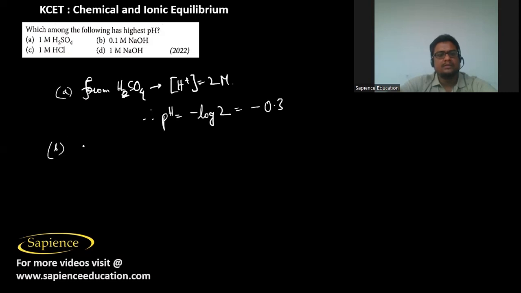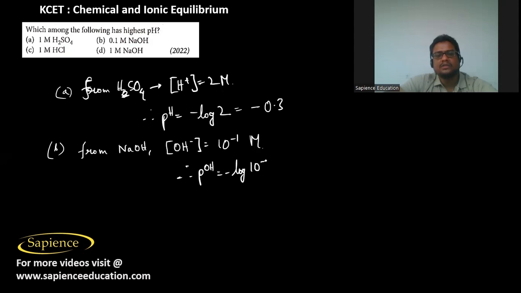And for B, it is from NaOH, the concentration of OH minus ion is equal to 10 power minus 1 molar. Therefore, pOH is equal to minus log of hydroxide concentration, that is 10 power minus 1, that is 1.